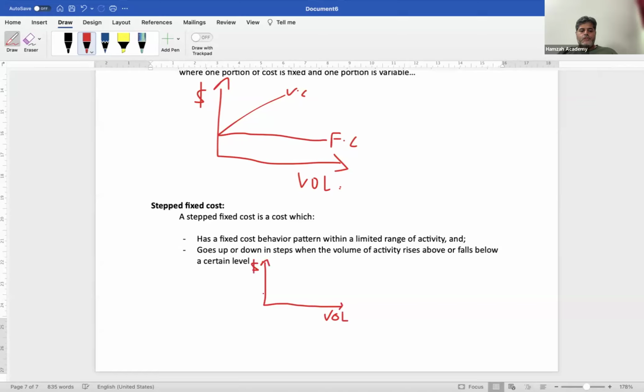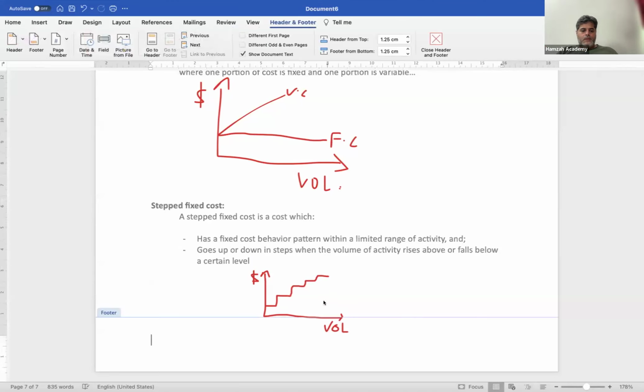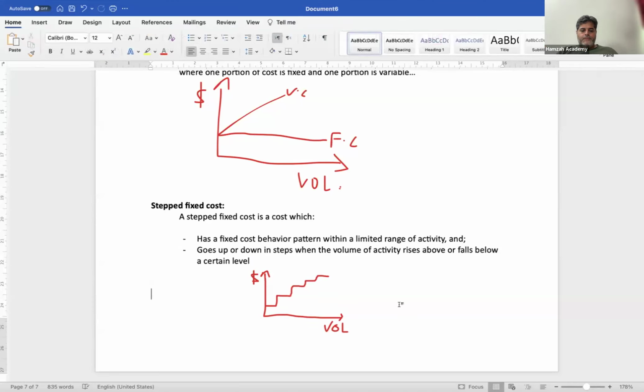So the step fixed cost is something like this. It is going up via this pattern over here, right? So this is what we have for the step fixed cost. Done.